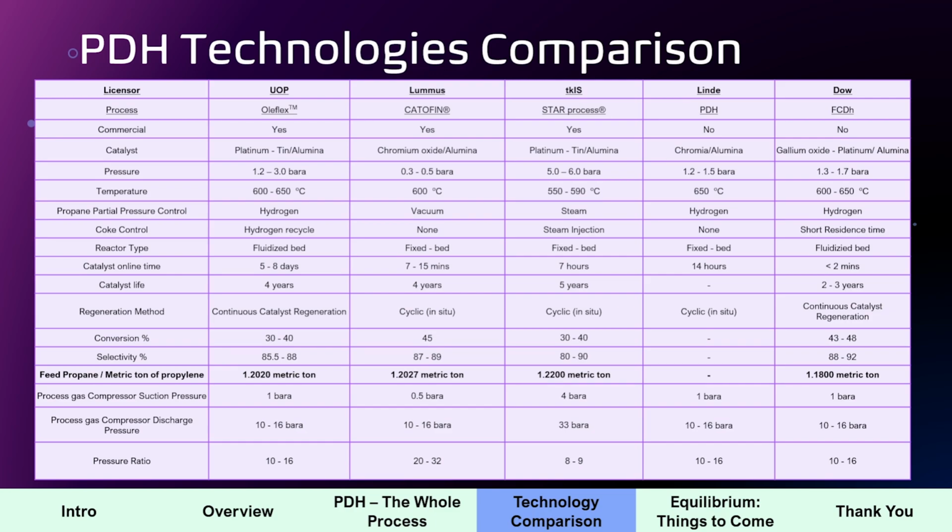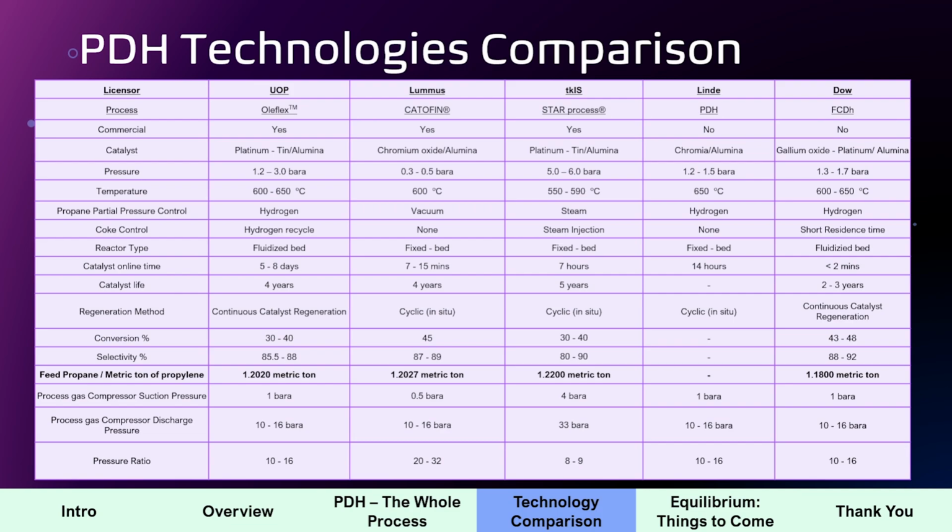They are way simpler in their design, but they come at a very high cost in terms of the reactor design itself, because you have to create extra volume to overcompensate for the downtime of the regeneration sequence. So that's pretty much the difference between fixed bed and fluidized bed.